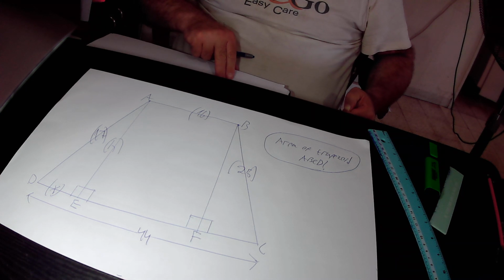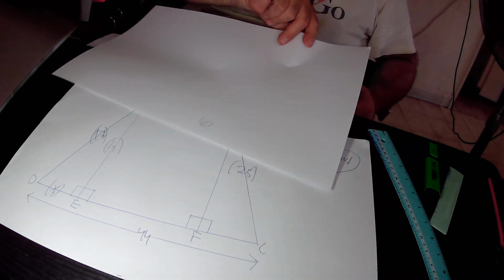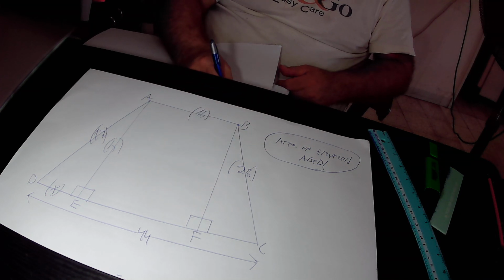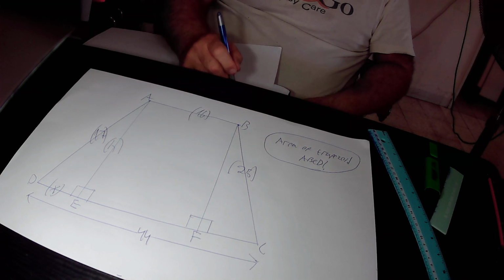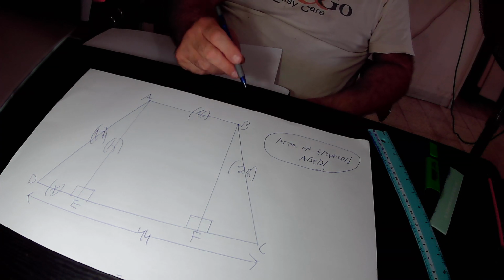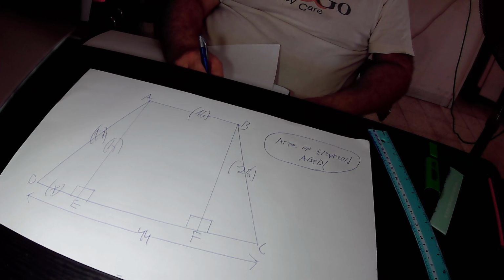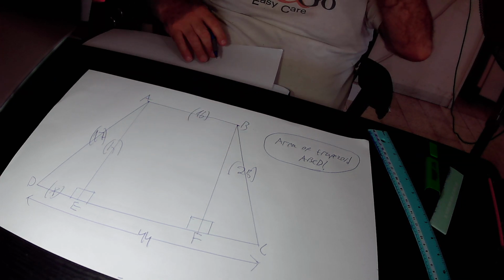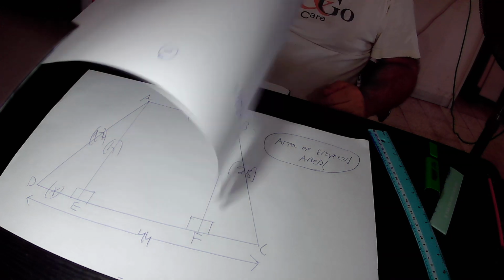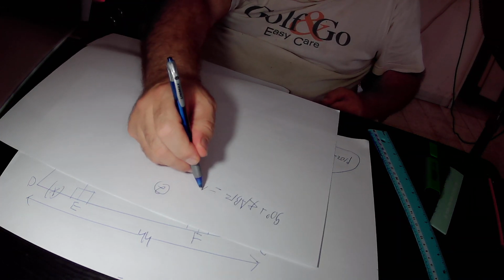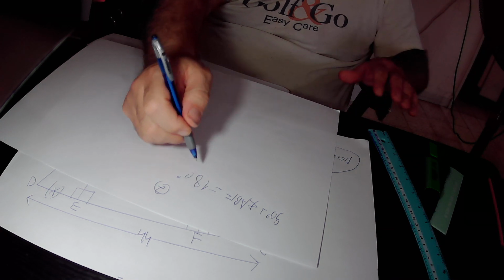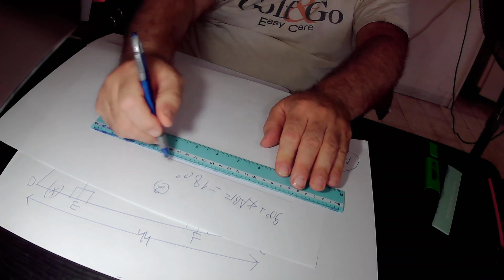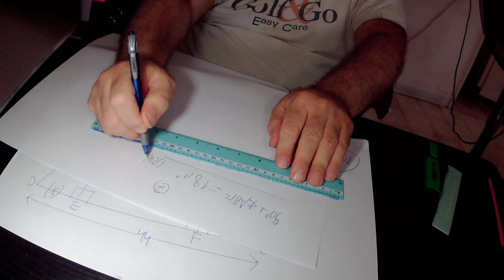So I'll write it down. This right angle is equal to 90 degrees, plus the angle ABF, which is the missing angle. In total, the sum of those two angles must be equal to 180 degrees according to rule 16.